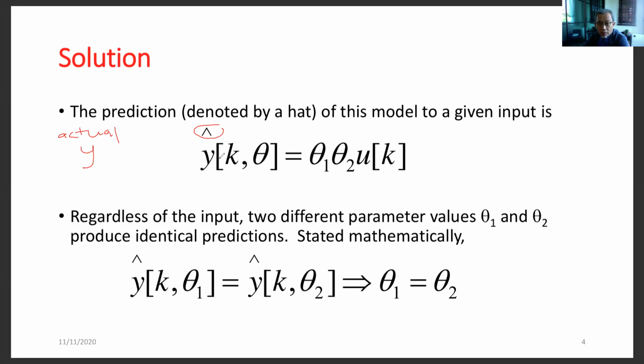So y estimated in terms of sequence k and theta is equal to theta 1, theta 2, times u(k). So regardless of the input, two different parameter values, theta 1 and theta 2, produce identical predictions, which can be shown mathematically in this term, where theta 1 is equal to theta 2.